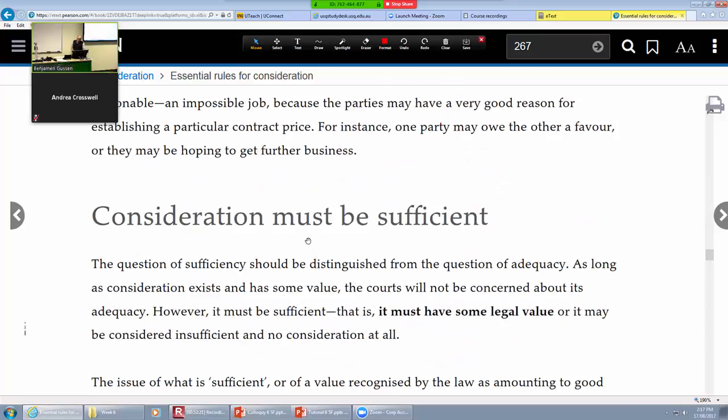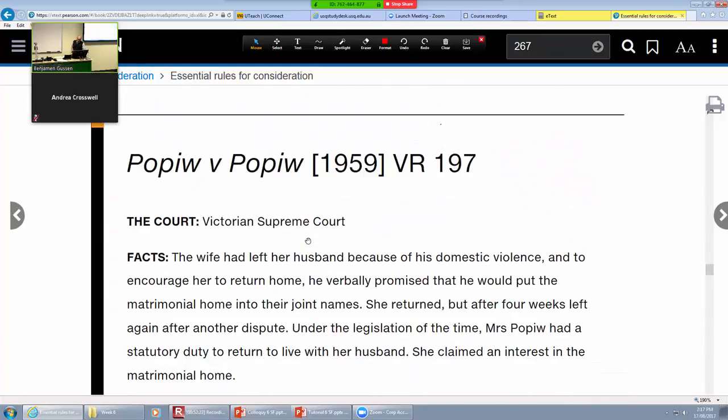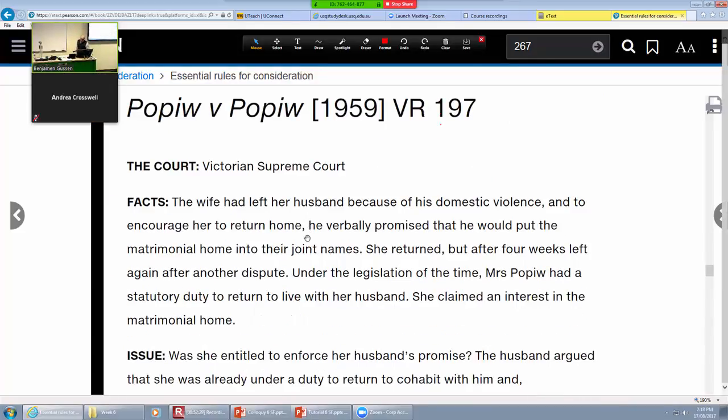All right, let's keep going. Popescu v Popescu. This is page 267. The wife had left her husband because of his domestic violence. Okay.